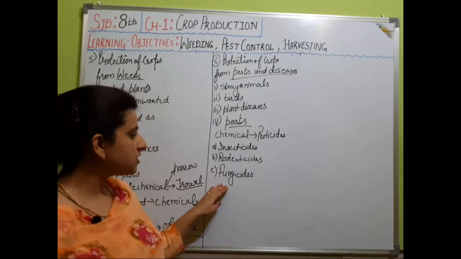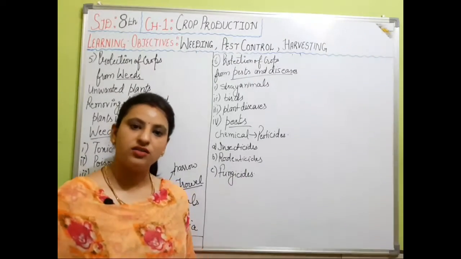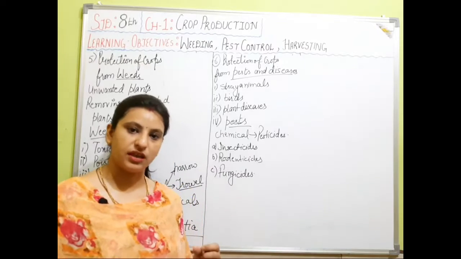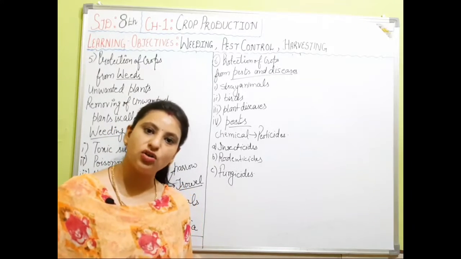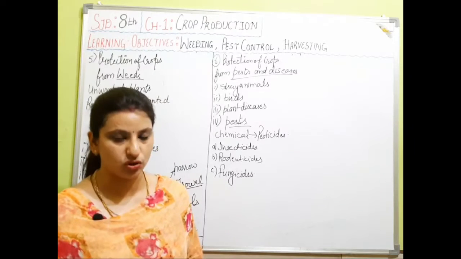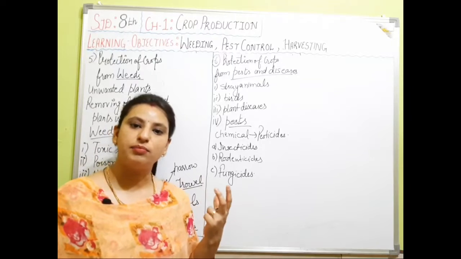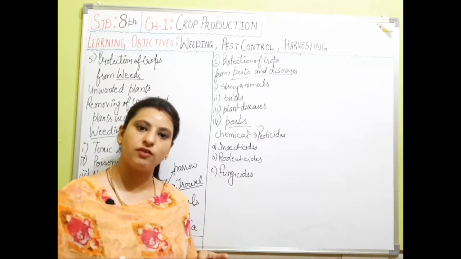Now these fungicides, or you can say a number of pesticides, can be sprayed over the crop plants by two methods: by the manual method and with the help of large machines. We will use manual methods, or hand sprayers, in areas where the crop fields are not very big.